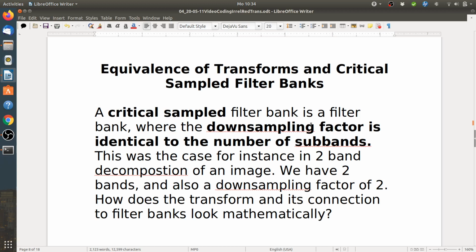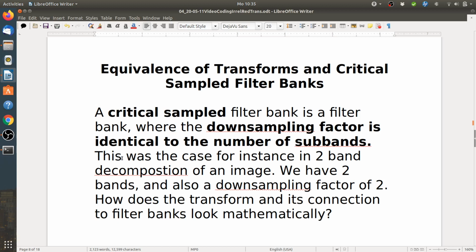So we have a downsampling after our filtering, after each low pass or band pass filter. If this downsampling factor is equal to the number of subbands, then this is called critical sampling. This is also practical for compression, because after filtering and downsampling we have the same total number of samples as before. We don't increase the number of samples, which is good for compression.